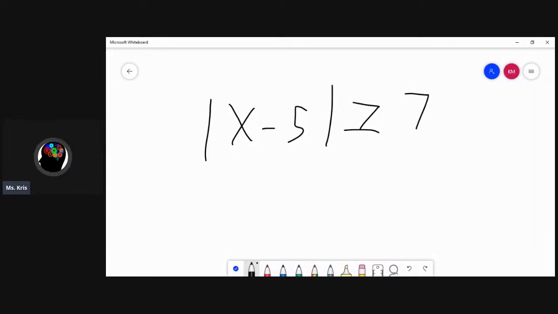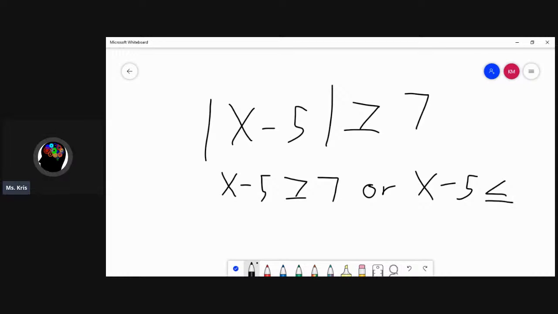Based on the problem that you have in front of you, this means x minus 5 is greater than or equal to 7, or x minus 5 is less than or equal to negative 7.